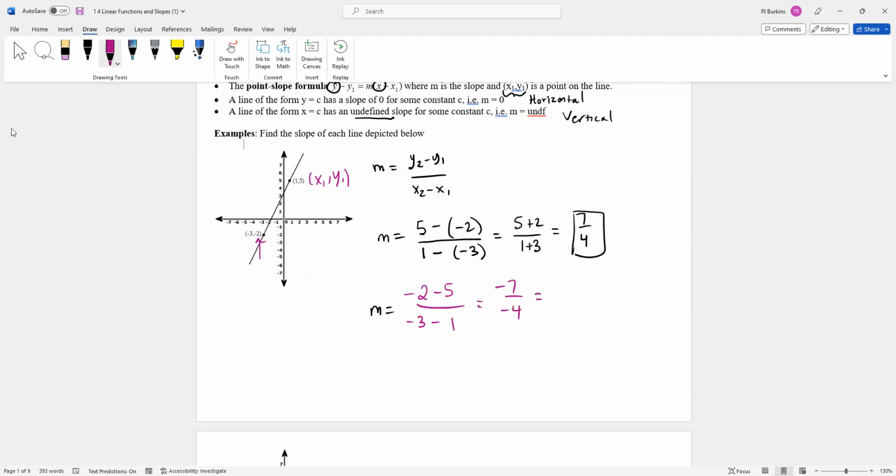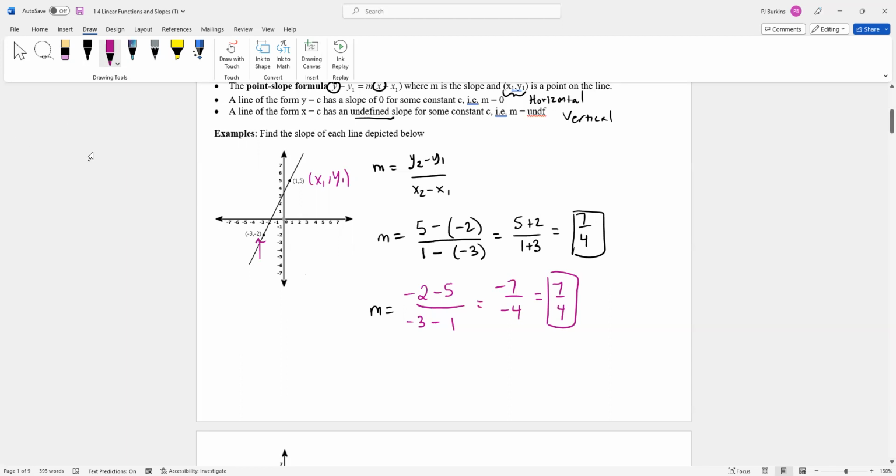Negative over negative cancels, and I get back to 7/4. So nothing changes, right? The slope is still the same. The reason I like to do it the other way is because it avoids having to deal with any negatives, right? They're not always going to be negative over negative. And the less negatives I have to worry about, the less mistakes I usually will make, okay? And that's just in general for a lot of people. I've seen that in those cases.